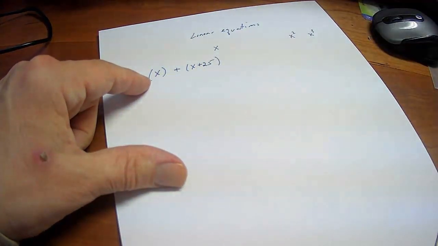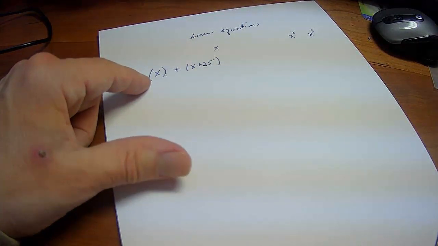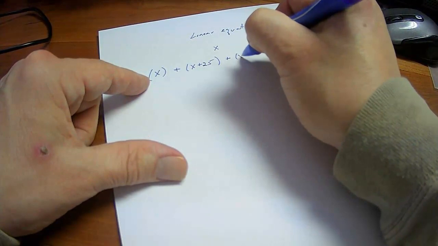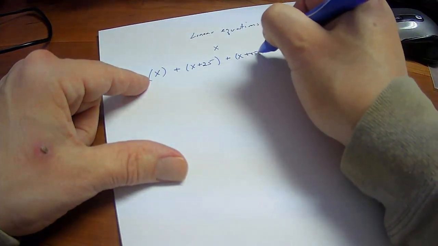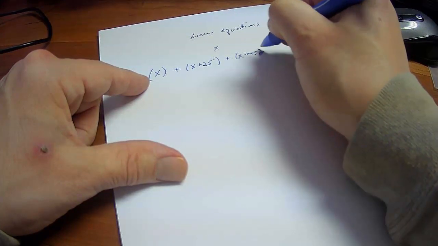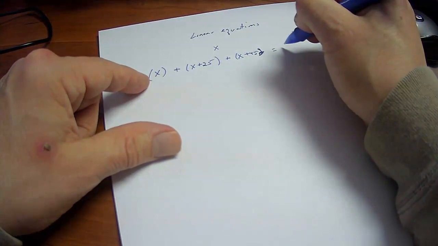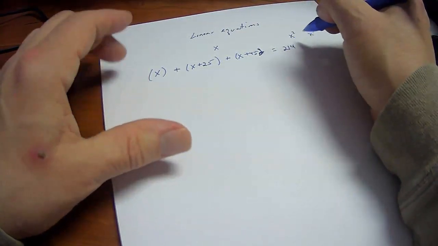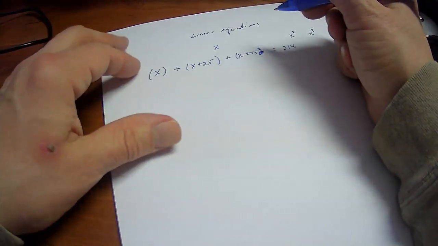Then the person with the master's degree says, I beat you by 45,000. So that's your associate salary plus 45,000. Oh wait, just 45, because we're reporting these things in terms of thousands already. And together they earn 214,000. And at the end of the day, when you get X, you'll have to report it in thousands.